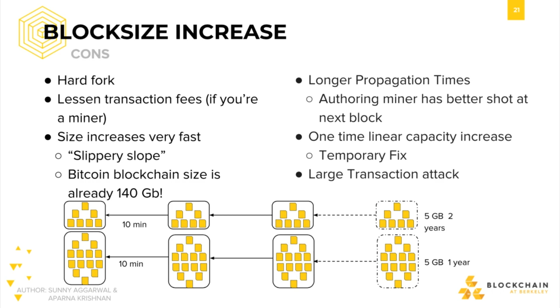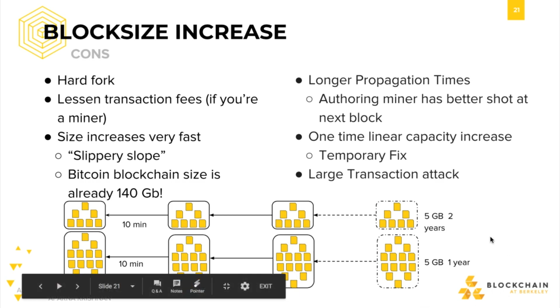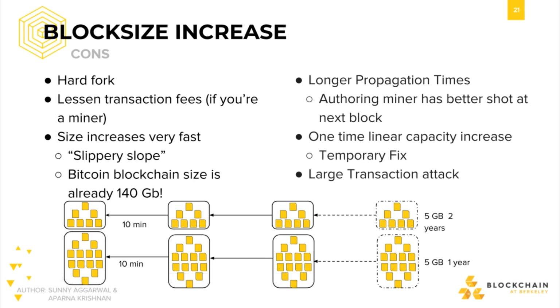So you quadruple the block size, you multiply it by 1,000. Well, if you multiply it by 1,000, then your blockchain size increases at such a fast pace that unless you're super rich, you can't store it anymore. So you lose out on decentralization, and that ties back into the scalability trilemma.